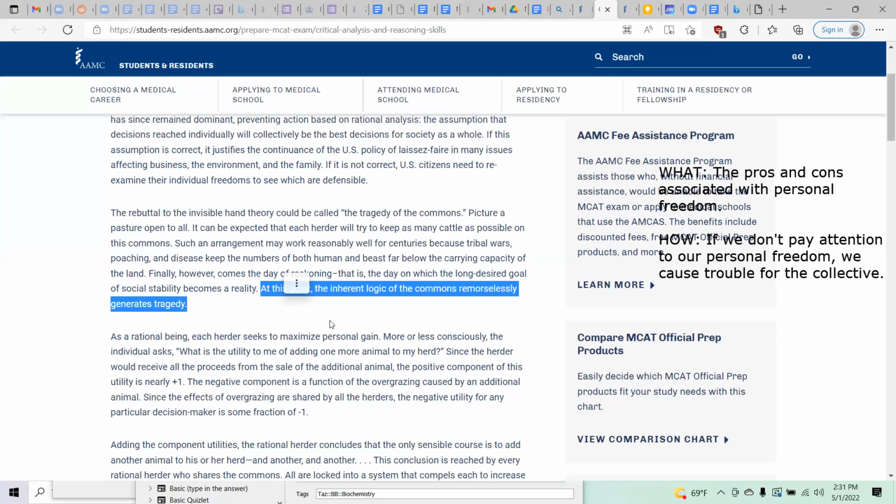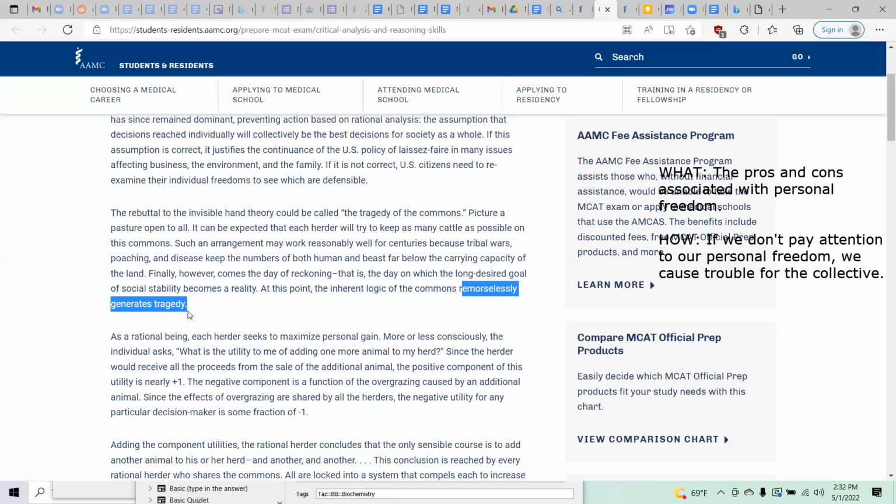He goes back to the commons by saying the negative consequence of it. Where is the negativeness in the sentence? The last three words, I guess. Yes. Remorselessly generates tragedy.